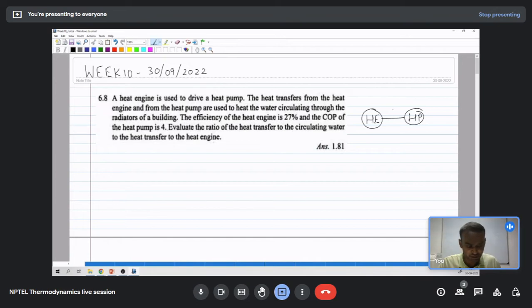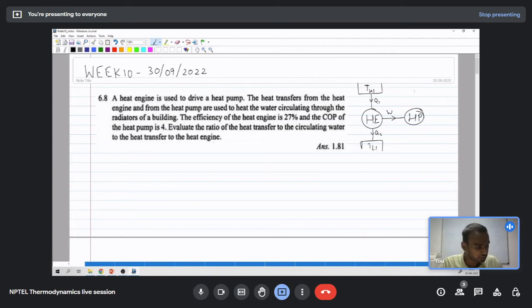The entire work from the heat engine is transferred to the heat pump, and the heat engine is in contact with two thermal bodies, TH1 for the high temperature and TL1 for the low temperature reservoir. I write Q1 as the heat transferred from the high temperature reservoir, Q2 as the heat rejected by the heat engine to the low temperature reservoir, and W is the work that is generated by the heat engine.